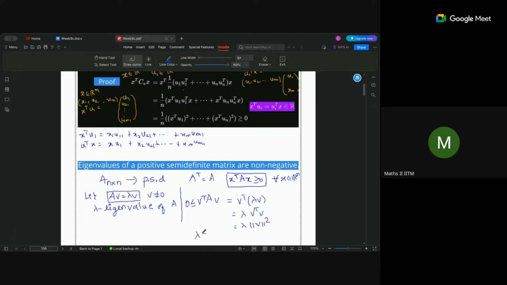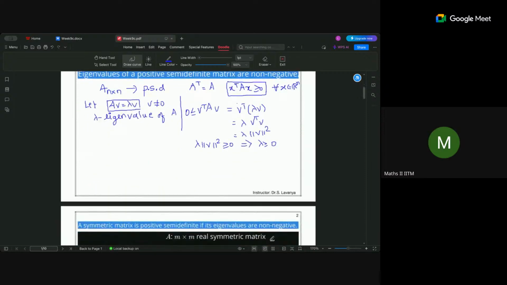So you have lambda times norm v square is greater or equal to 0. So this is already a non-negative term here. So what can you say about lambda then? Lambda should be greater than or equal to 0. So you can see that all the eigenvalues of a positive semi-definite matrix are non-negative.